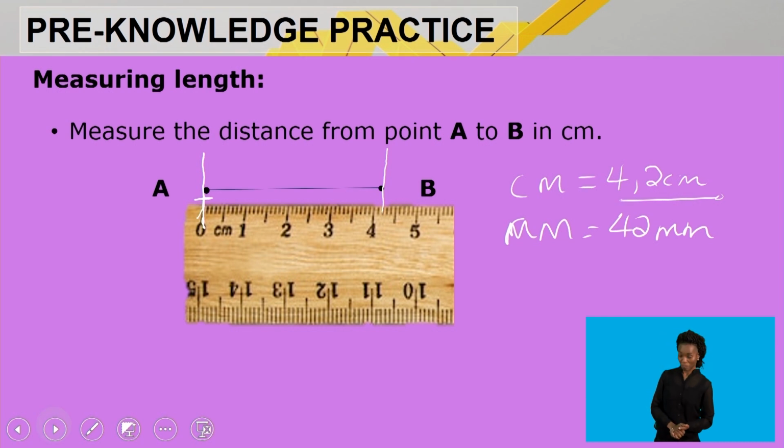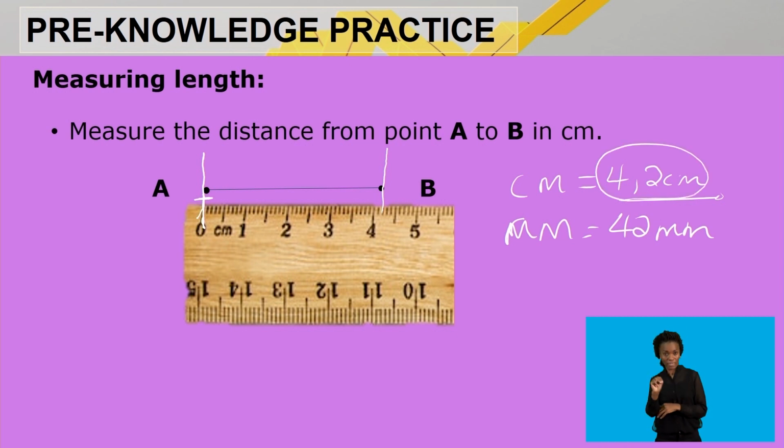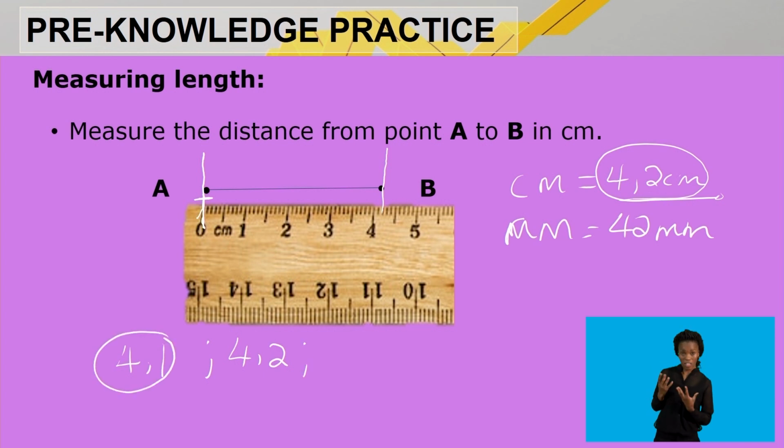Right, so now having your 2 units measured, let's say for example the actual answer was 4,2 centimeters. Then as we are seated, maybe we cannot get the same answer, but having our 4,2, another answer that will be accepted will be 4,1 as well as 4,3.